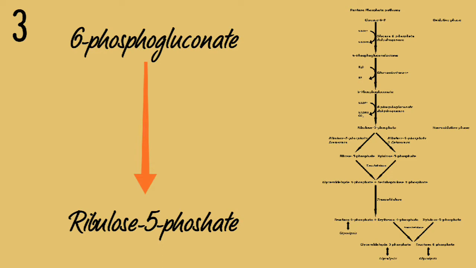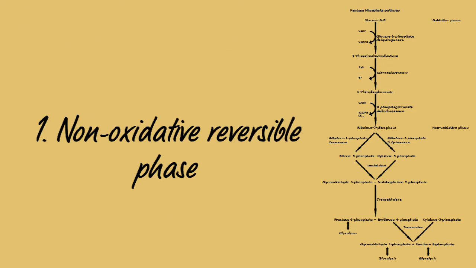This 6-phosphogluconate is subsequently converted by 6-phosphogluconate dehydrogenase to ribulose 5-phosphate. This is an oxidative decarboxylation reaction, and here also NADP plus serves as the electron acceptor. These are the three major steps coming under the oxidative phase.